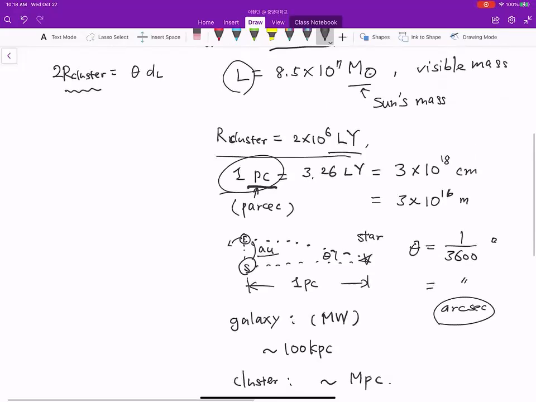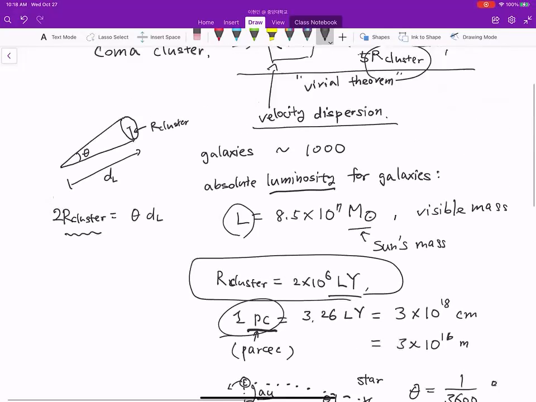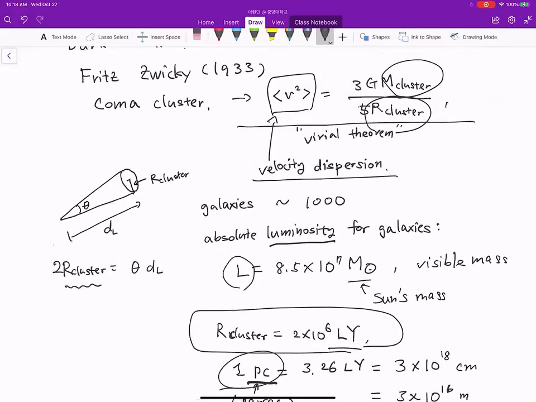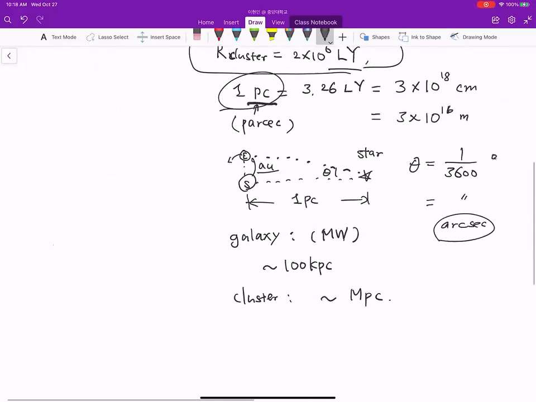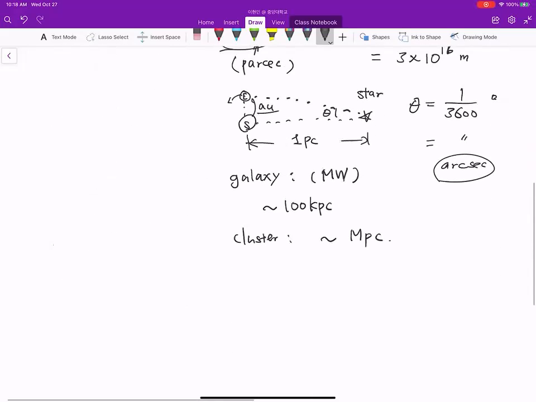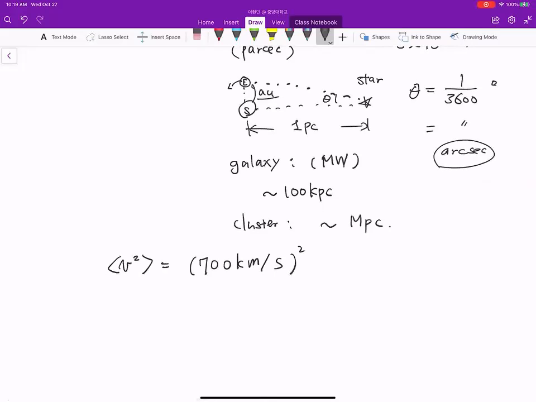So this is the radius, and we know the velocity dispersion. At that time, the velocity dispersion, v squared, was measured to be this value, 700 kilometers per second, from 1,000 galaxies.